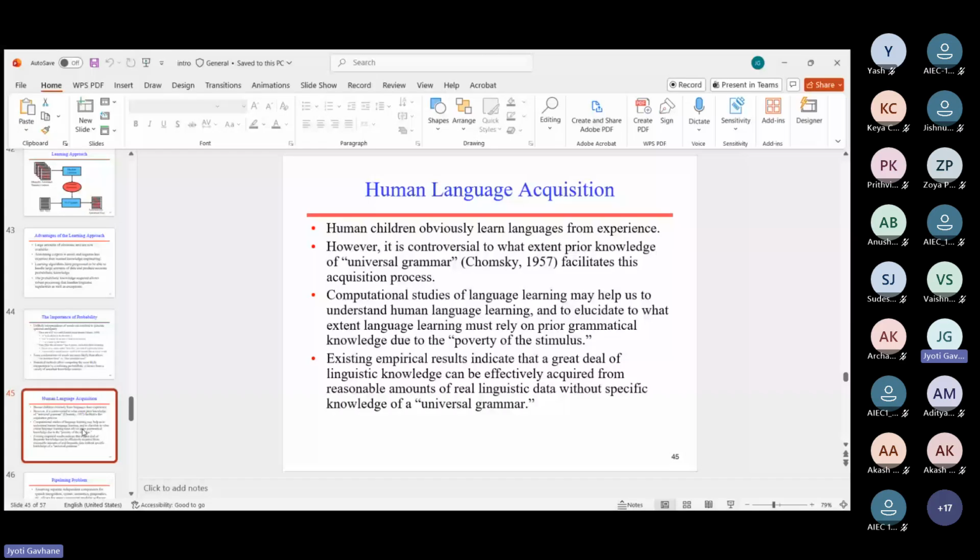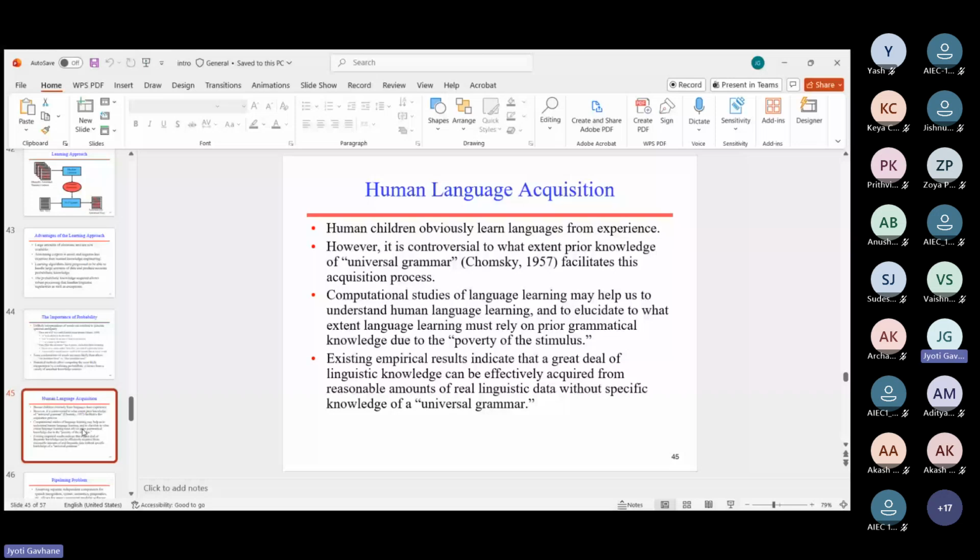Now, computational studies of language learning may help us to understand human language learning and to elucidate to what extent language learning must rely on prior grammatical knowledge due to the poverty of the stimulus. So these are some statements which give us the importance of human language.